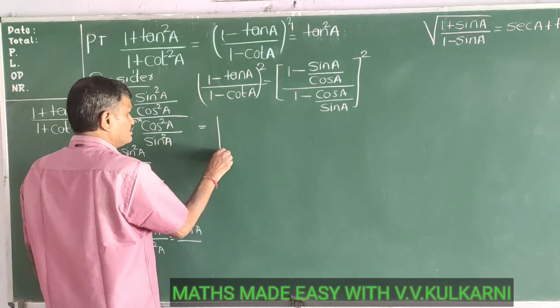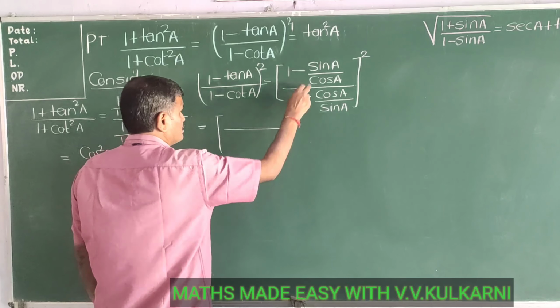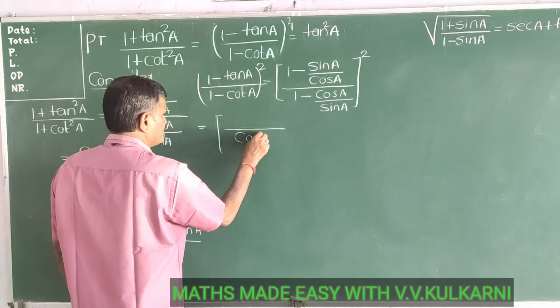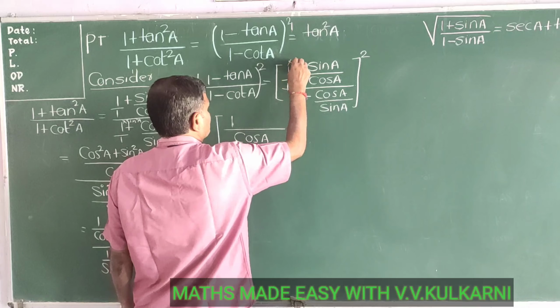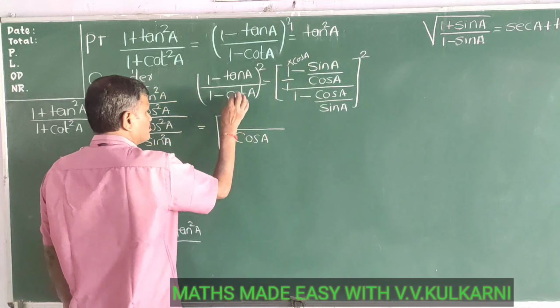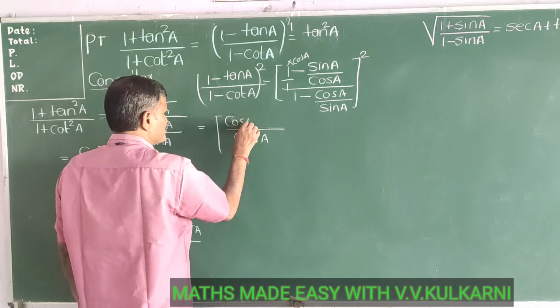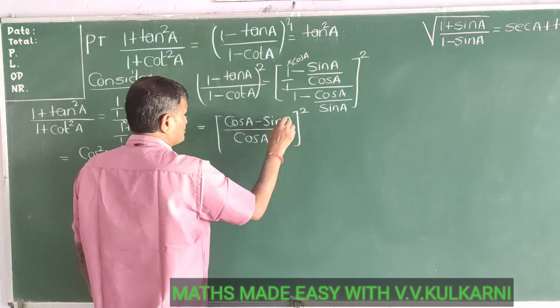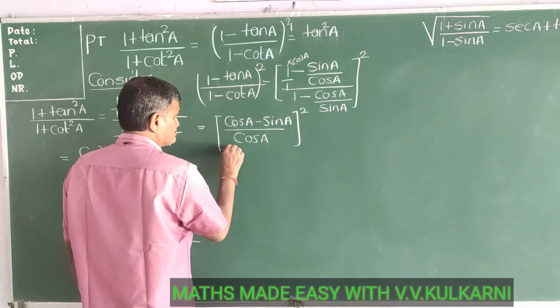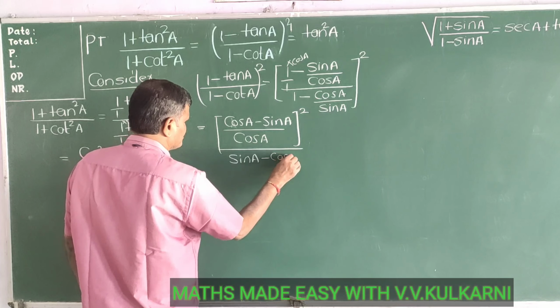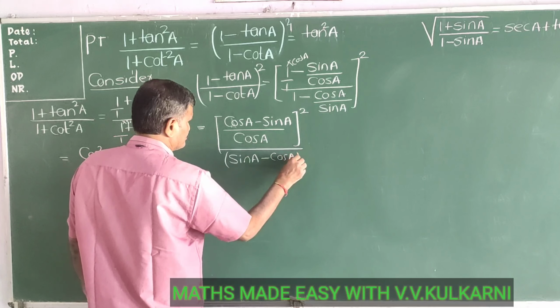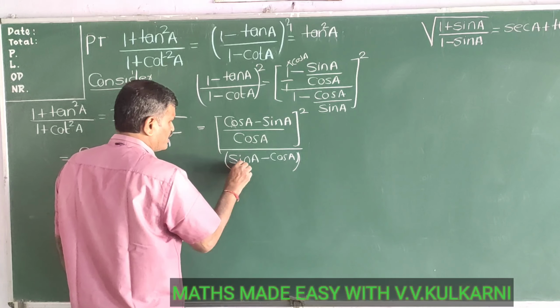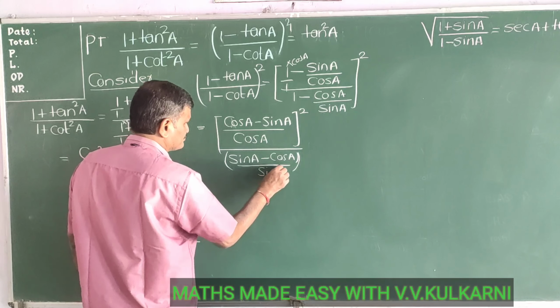Tan is sin by cos, cot is cos by sin. So if I take the LCM here, it is cos a by, here 1 means 1 into cos a. So this becomes cos a minus sin a whole square. Here also, sin a minus cos a whole square, divided by sin a whole square.